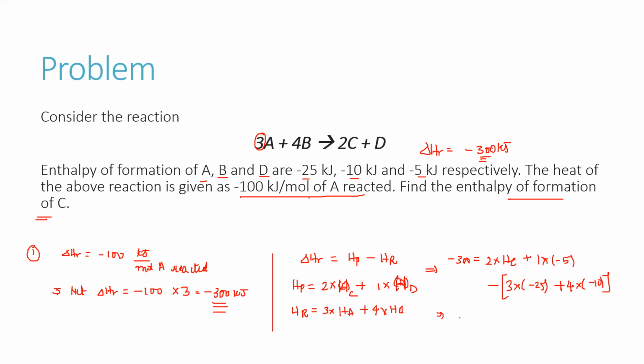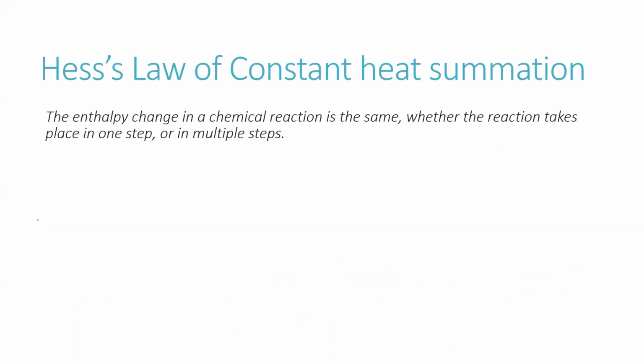From here, we'll get HC. If we solve all this, we'll get HC is equal to minus 205 kilojoules. So this is the enthalpy of formation of C.